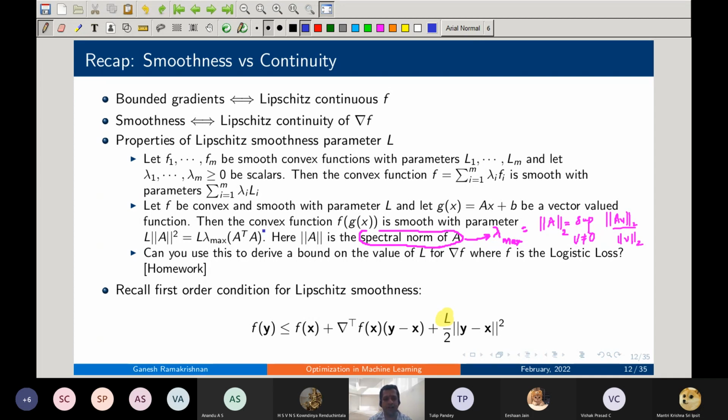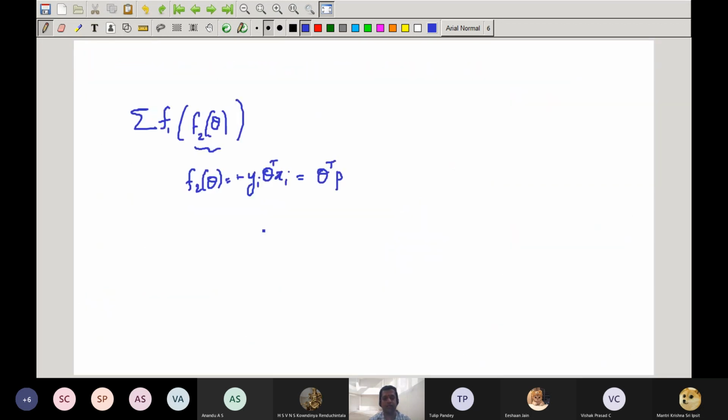Do you need a matrix norm, or is a vector norm good enough? So let's write down the actual gradient. What's the gradient of F1 composed with F2 of theta? What is the gradient looking like?